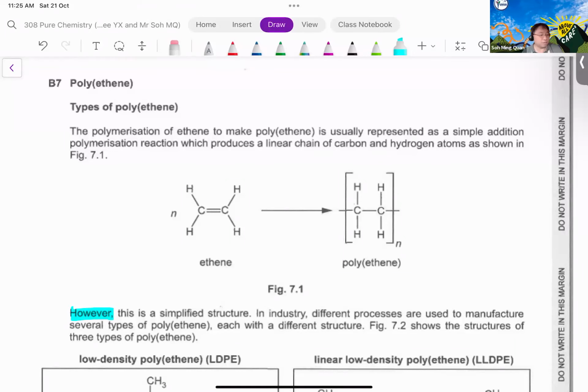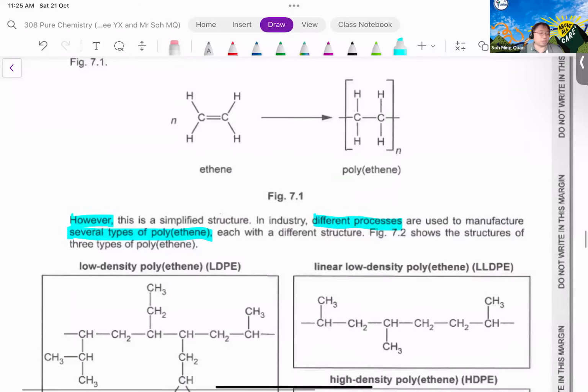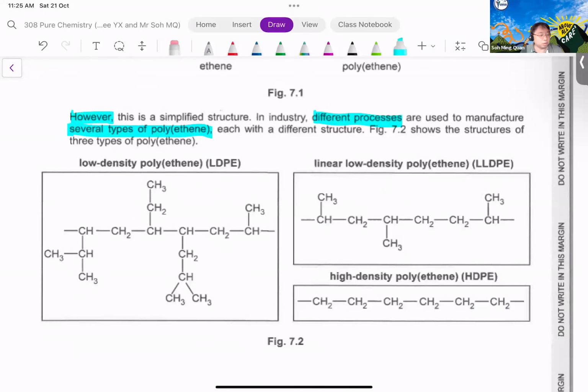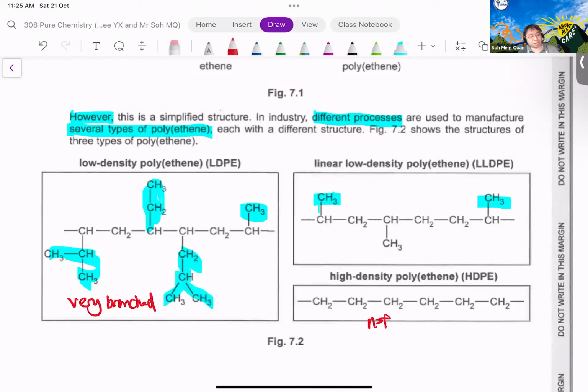All right. In industry, different processes are used to manufacture different types of polyethylene, each with a different structure. All right. So the three structures are here. Immediately, oh my God, you should just highlight like that, right? What am I highlighting? I'm highlighting branched, very branched, not branched.